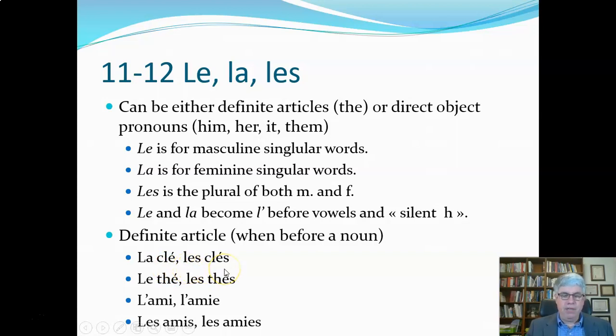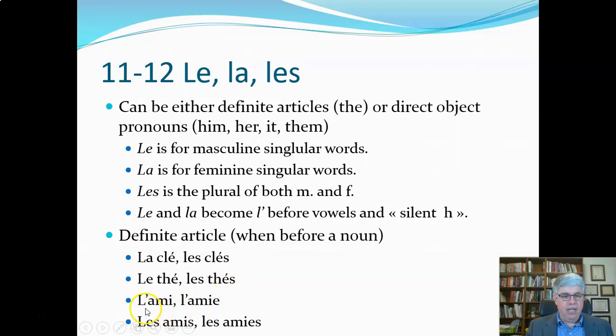Les clés would be the keys, and that's plural. Le thé is the tea, like the drink, the tea leaf, a cup of tea. Les thés is the teas, or the cups of tea. And so we've got le thé and les thés, singular and plural.